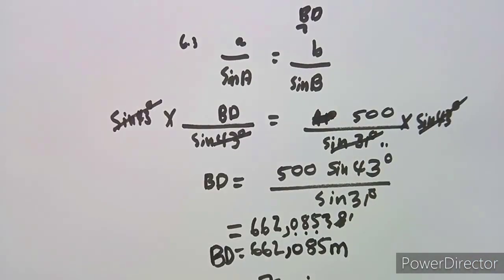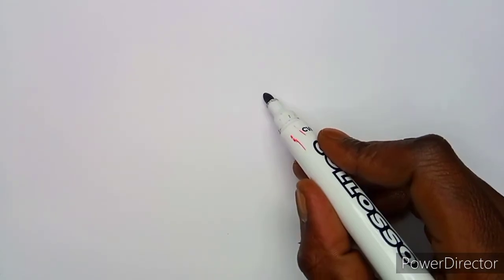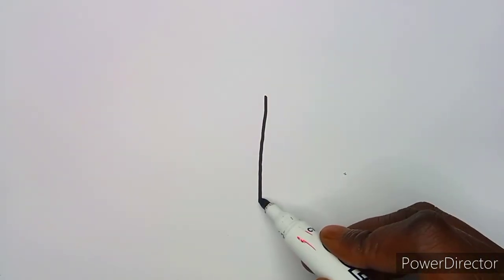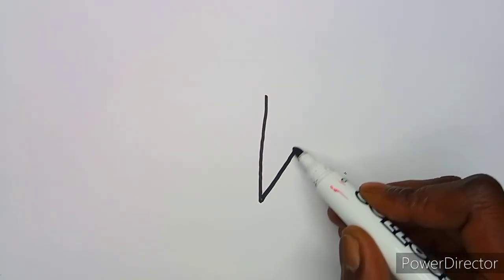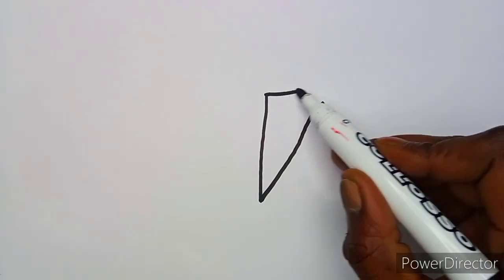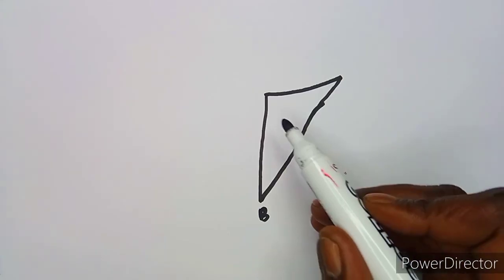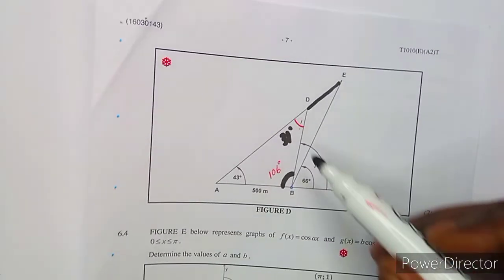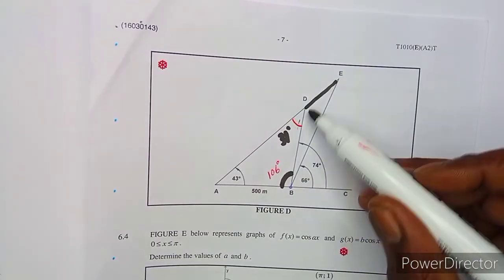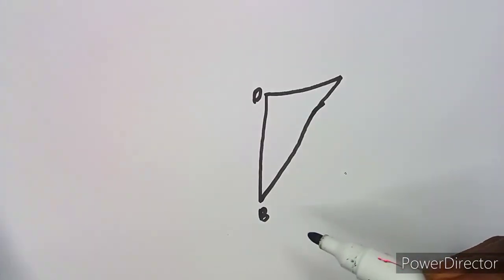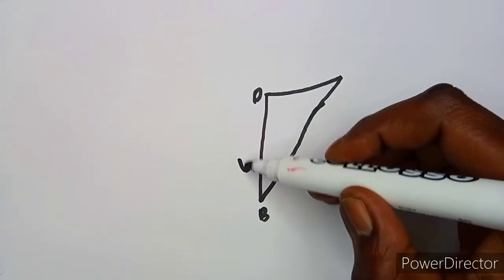Let's just take it this way. We have got something like this here. This is our B and this is our D. I just want to take this part here, B to D. We calculated this one, BD. It's now there. We said it's 662.